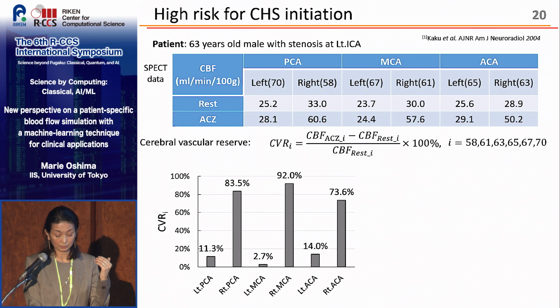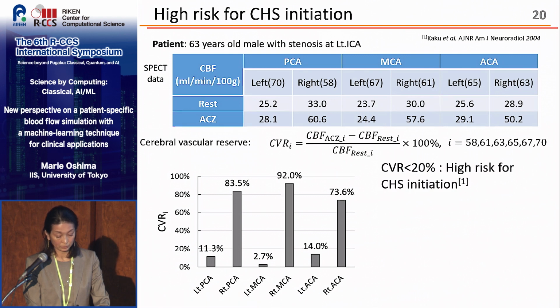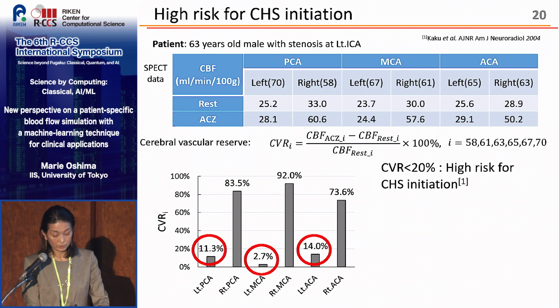The rest condition is measured, and then you give ACZ, which is a stimulant to expand the blood vessel, and then you can find out the dilation ability of each patient. If the dilation of the artery is good enough, he or she doesn't have a risk of CHS, but this patient didn't have this kind of ability, so that's why it has a very high risk of CHS.